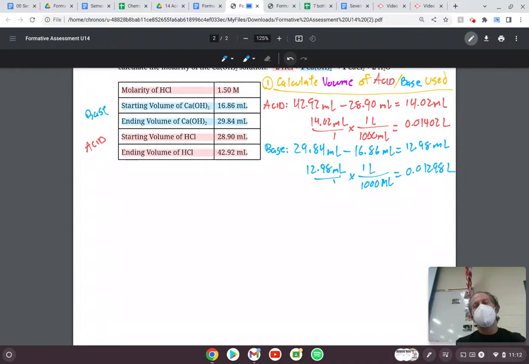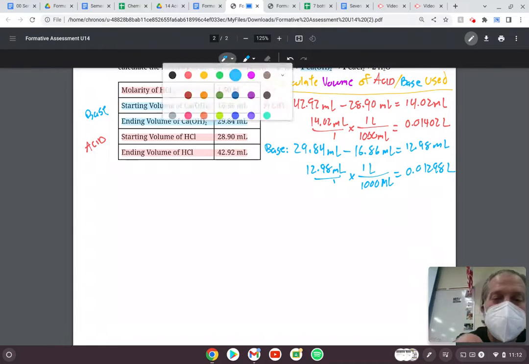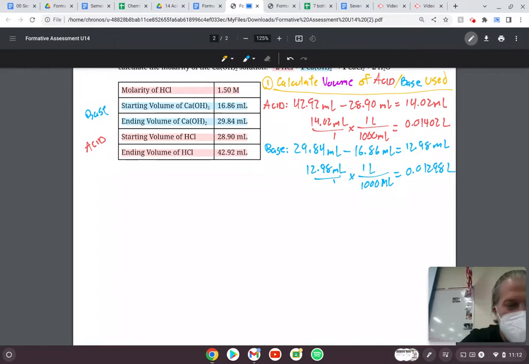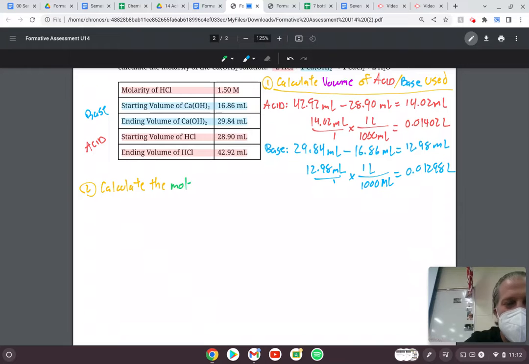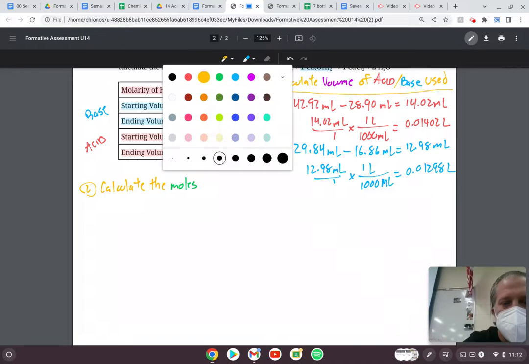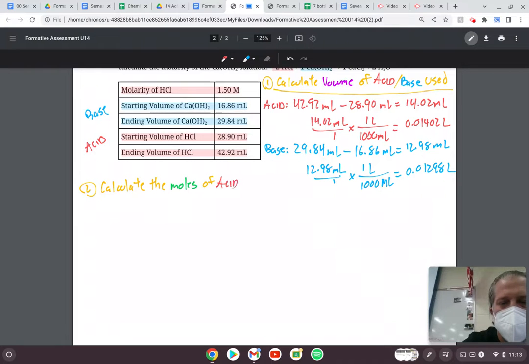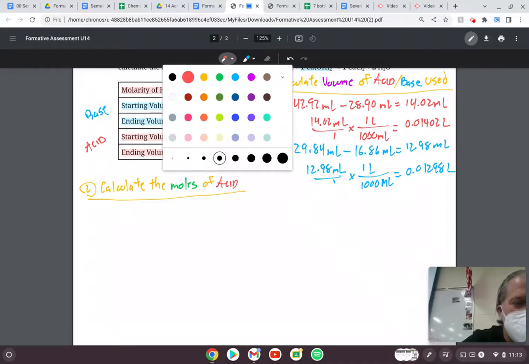The second step is very similar to the first step that we did in the last problem. Because we have more information about our acid this time, we are going to calculate the moles of acid. If we calculate the moles of acid, that is going to be a molarity problem.